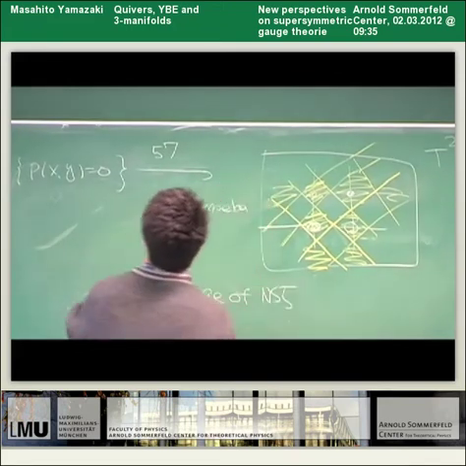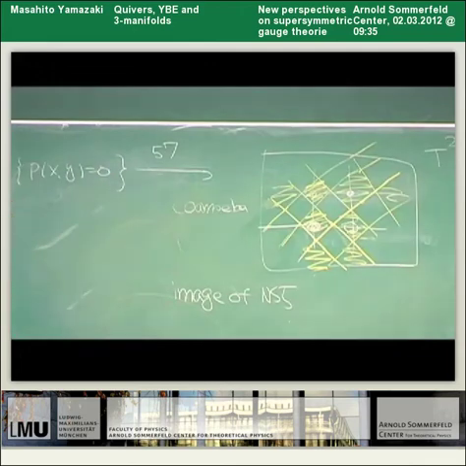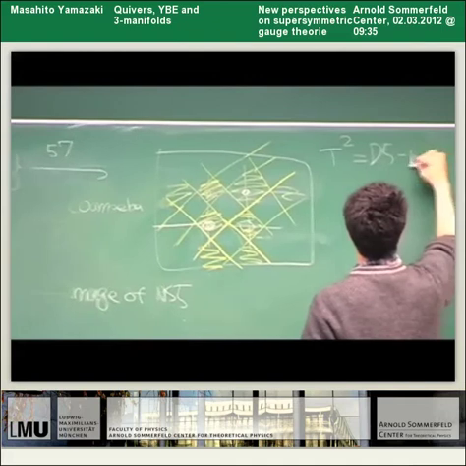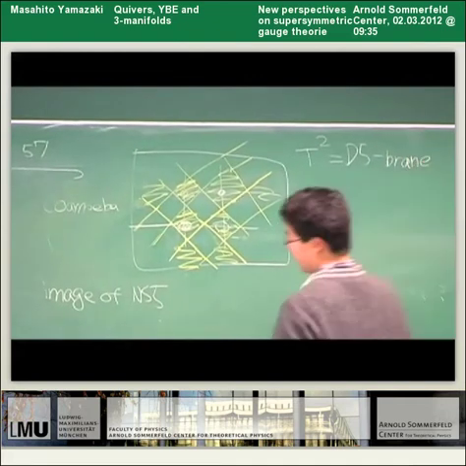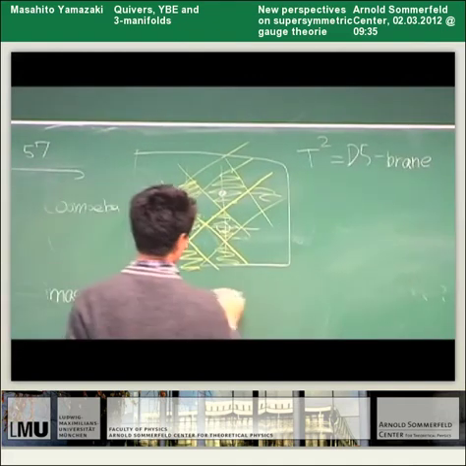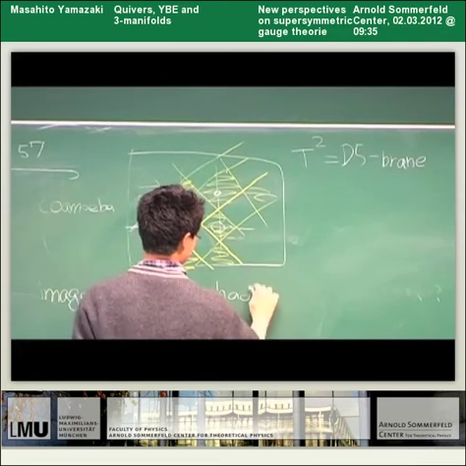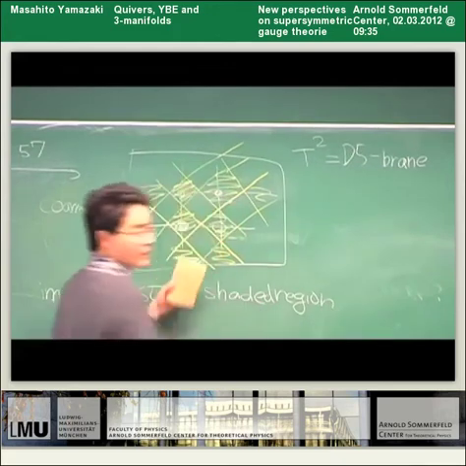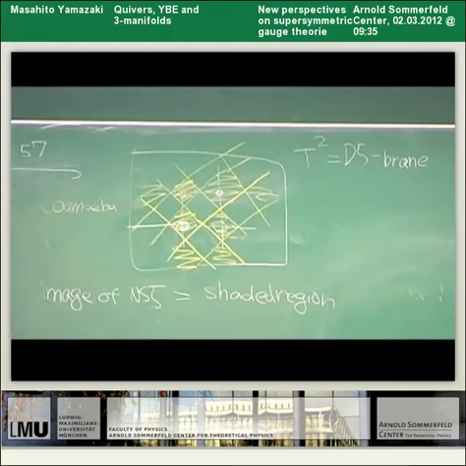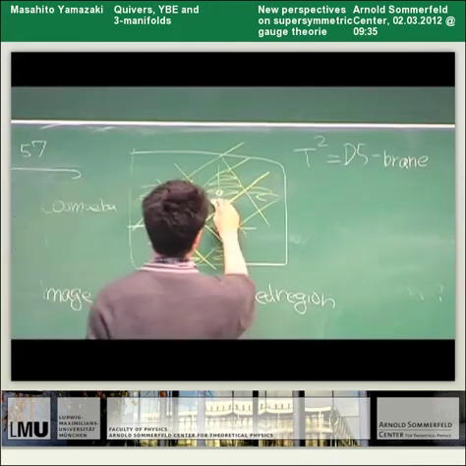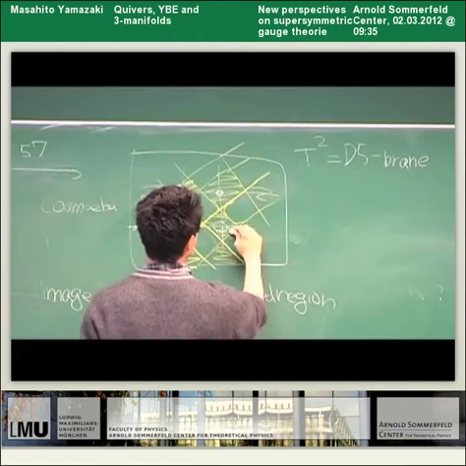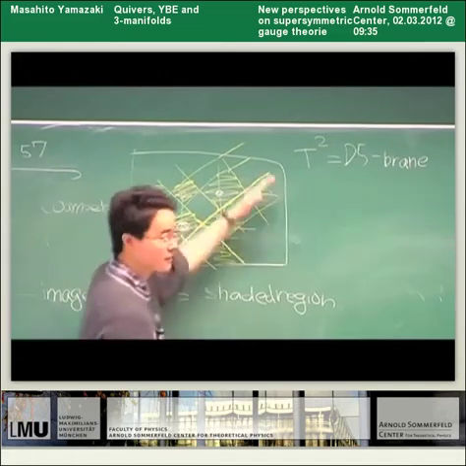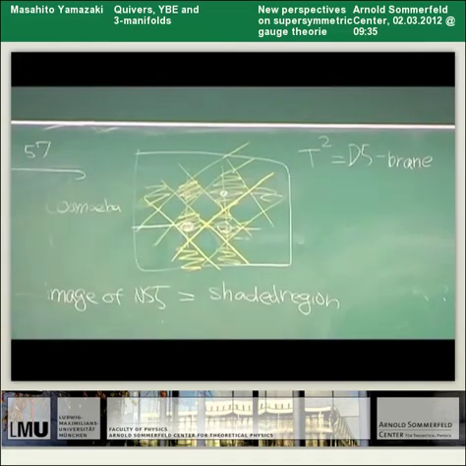In this brane configuration, we have a torus because the D5 brane wraps a torus. So this torus is the D5 brane, if you like, and the image of the NS5 brane gives a shaded region. If you actually plot this image, there are some smoothings occurring in general. But roughly you can see the structure, and you can try to extract these asymptotic lines from certain arguments.